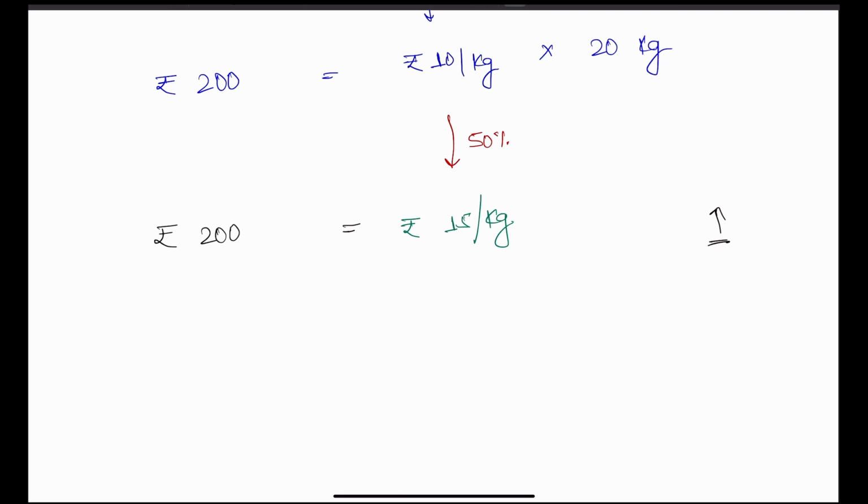How much am I going to consume? That is nothing but 200 divided by 15, which is 40 by 3, so 13 into 3 is 39, so it will be 13.333 kg.